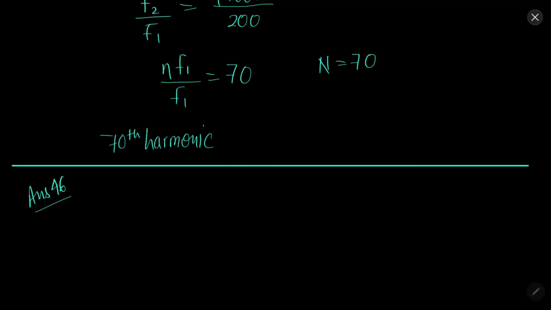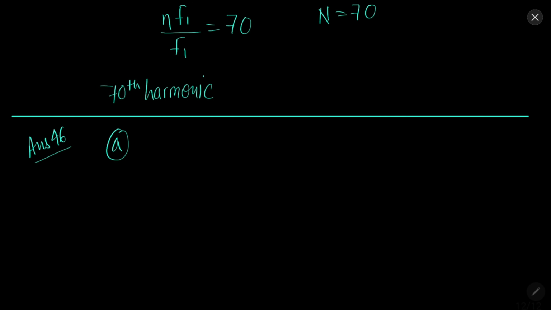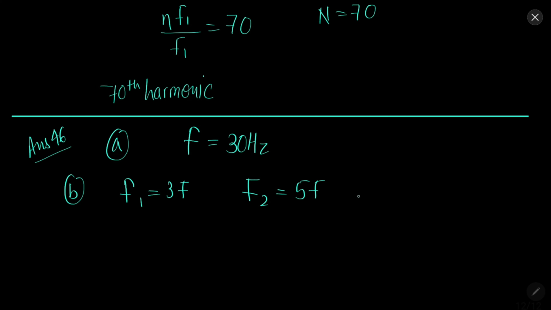Solution 46. So A part, the highest possible fundamental frequency will be 30 Hz because F1, F2, F3 all are integral multiples of 30. Then the frequencies are F1 equal to 3F, F2 equal to 5F, and F3 equal to 7F. So we have third, fifth and seventh harmonics respectively here.